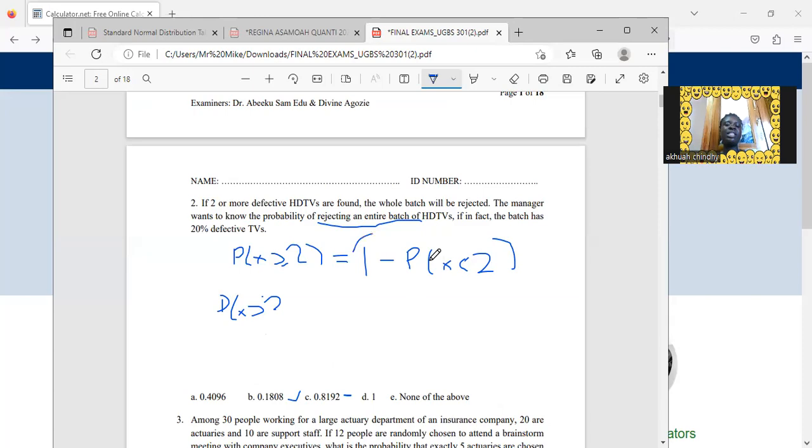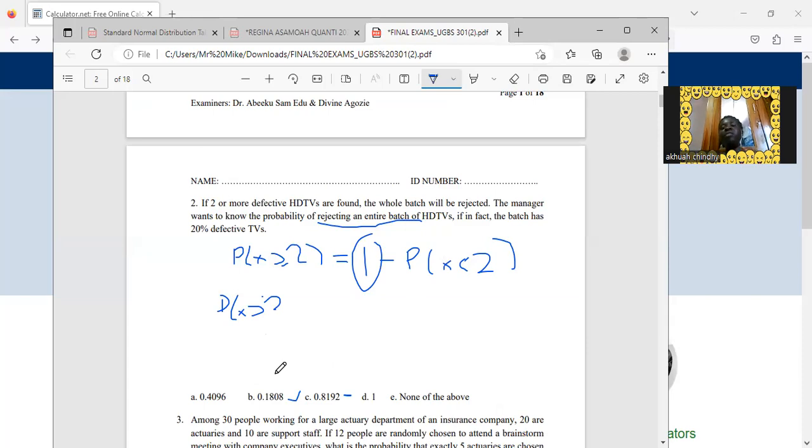Do you get it? Because of time, I won't go through finding for x equal to 2, 3, and 4. So you can try on your own and see whether you get 0.1808. If it works, then we are fine. But sometimes, what if the sample size is 8?